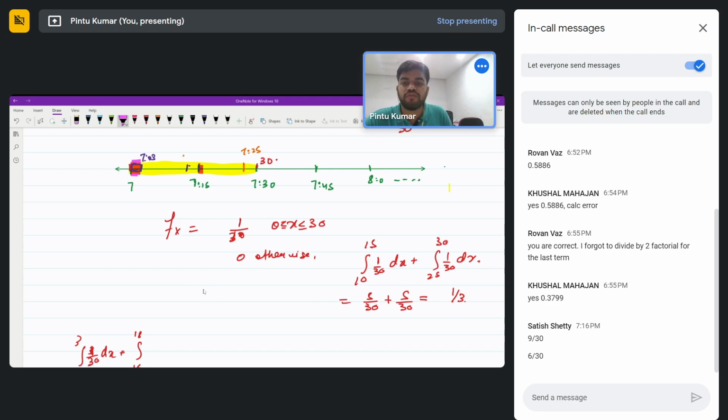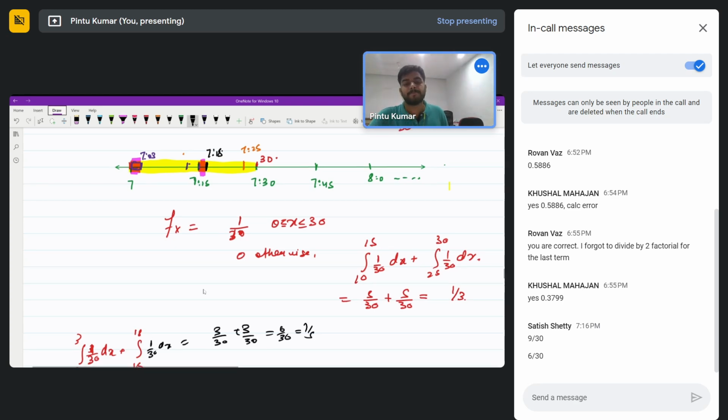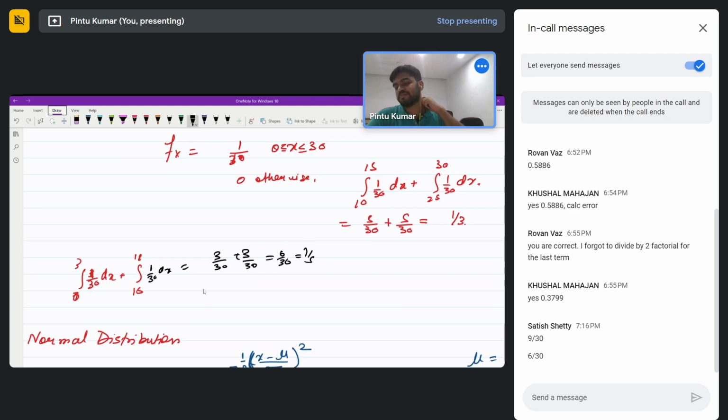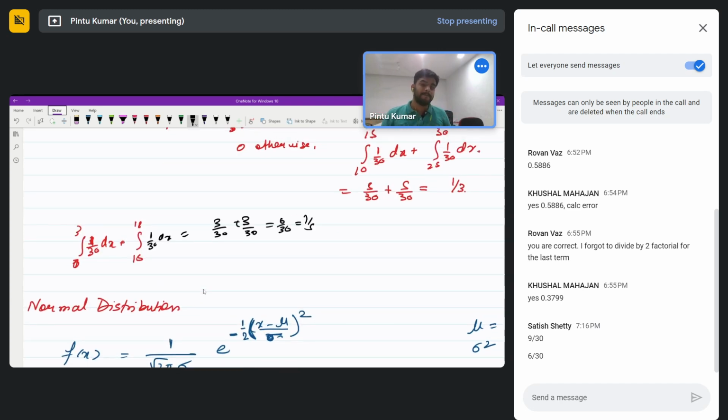So from here it should have waited 3 minutes, right? So this is 7:18. So from 15 to 18, 1 by 30 dx. This is nothing but 3 by 30 plus 2 by 20. This is 6 by 30 or 1 by 5. So this is something that was about uniform distribution. Any doubt till now?